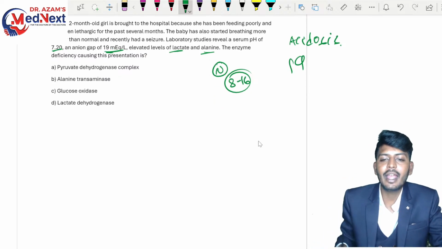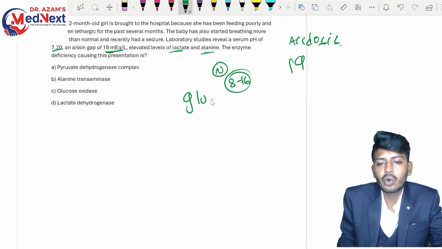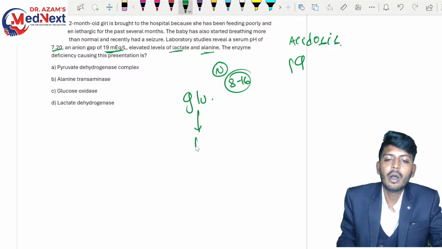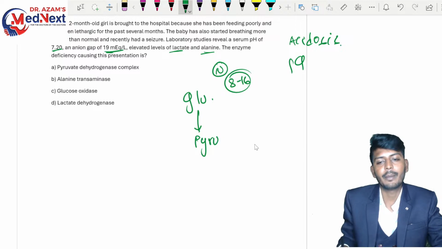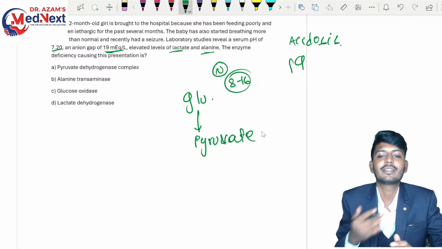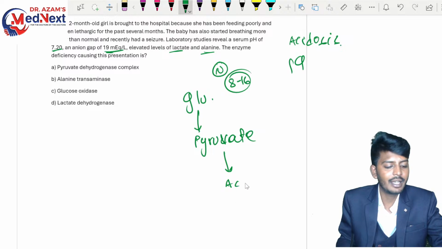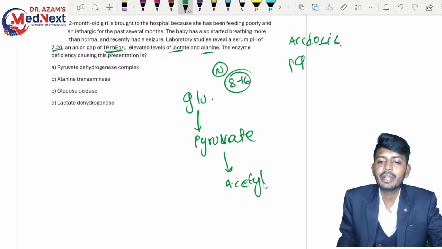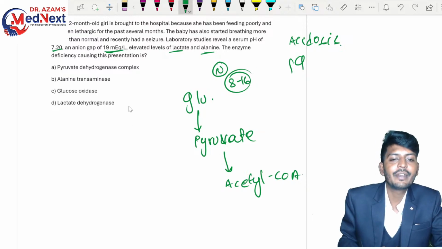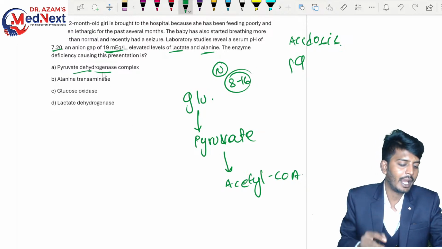Let's see. Normally you have glucose, which gets converted into pyruvate. Tarun Agarwal, you are absolutely correct, the answer is D only. But let's discuss how it happens. Normally pyruvate is converted into acetyl coenzyme A. Which enzyme is needed for that? Pyruvate dehydrogenase.